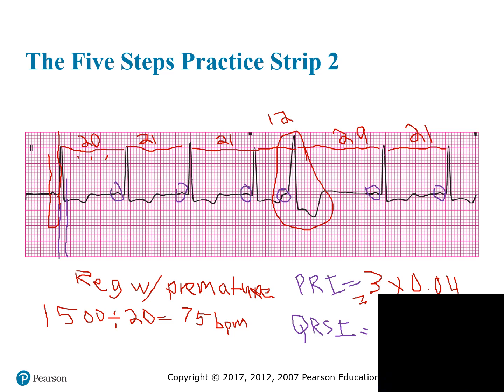So if I were to draw my line straight, 2 blocks. 2 times 0.04 gives us 0.08 seconds.